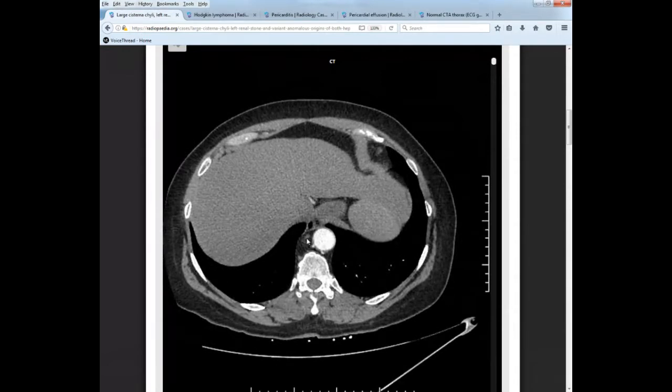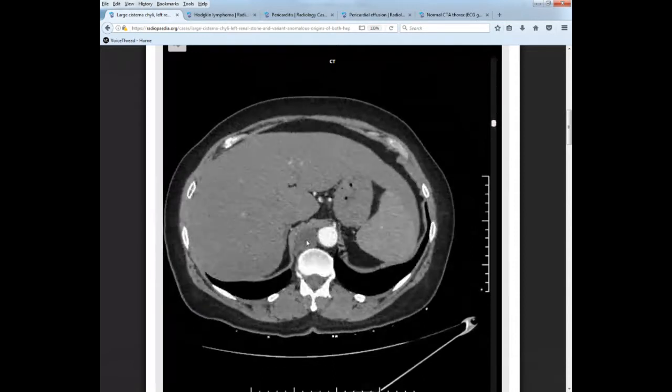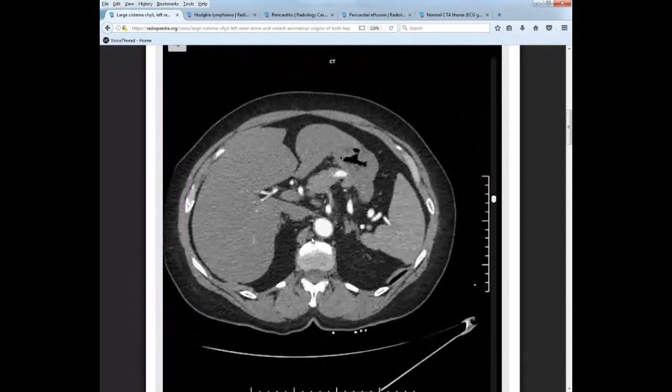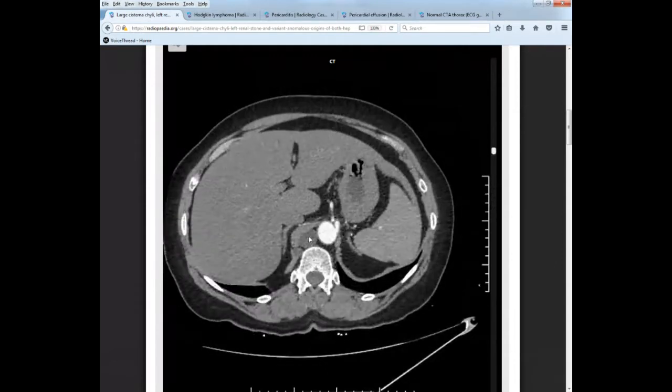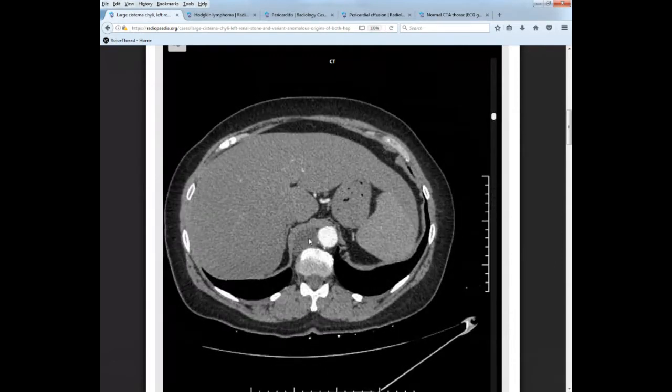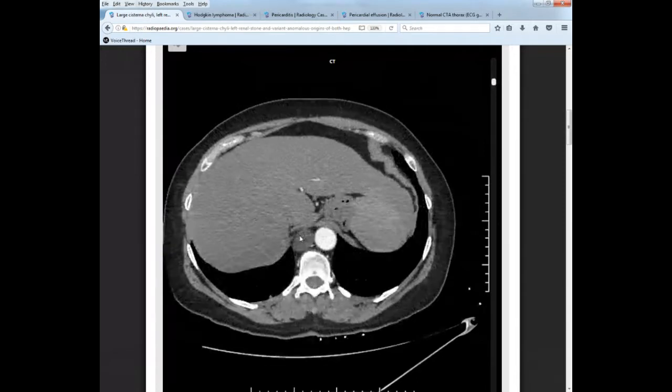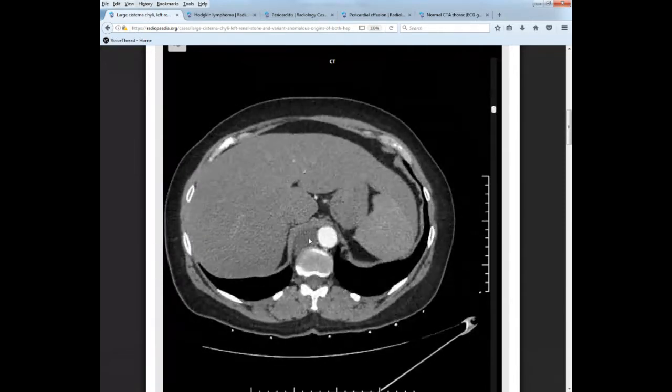And as we travel down, remember at the area of T12 to L1, you have a dilated area, and that is the cisterna chyli, which is just where the confluence of all of those inferior lymph ducts are emptying into the main thoracic duct. There's this bulging area, and this is it right here.